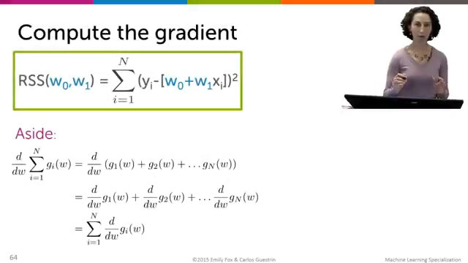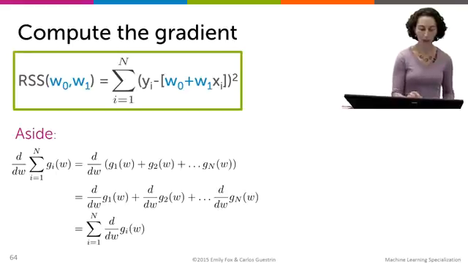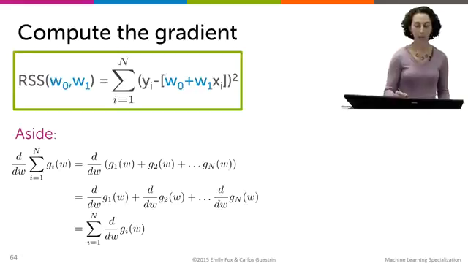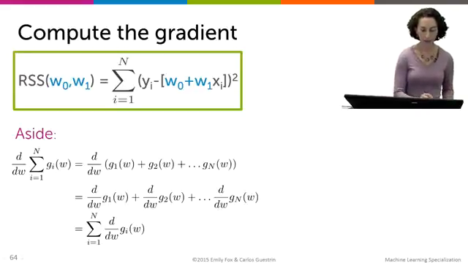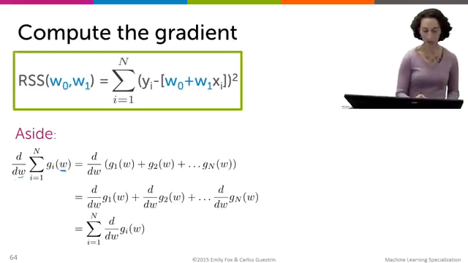Okay, so let's return to the definition of our cost, which is the residual sum of squares of our two parameters, W0 and W1, which I've written again right here. But before we get to taking the gradient, which is going to be so crucial for our gradient descent algorithm, let's just note the following fact about derivatives: if we take the derivative of the sum of functions over some variable w, then we can write this equivalently.